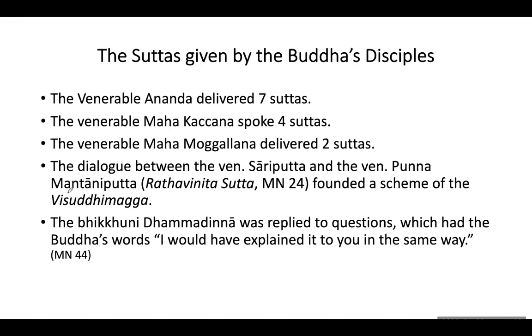There is a dialogue between Venerable Sariputta and Venerable Punna in the Rathavinita Sutta, which is Majjhima Nikaya 24. This sutta recounts their dialogue on the 7 stages of purity, such as purity of sila, morality, purity of mind, and purity of view.